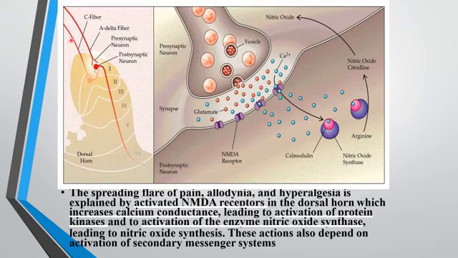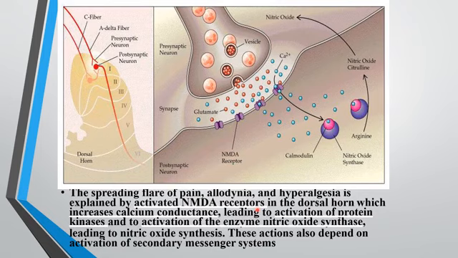See here, this is the primary afferent neuron, A delta and C fibers, which are synapsing here. These are the interneurons, and the postsynaptic neuron is traveling along the spinal cord. So we are seeing what is happening at this synapse level. This is central modulation at the spine. On the postsynaptic membrane we have the NMDA receptors.